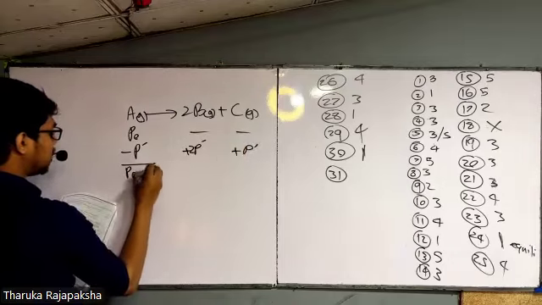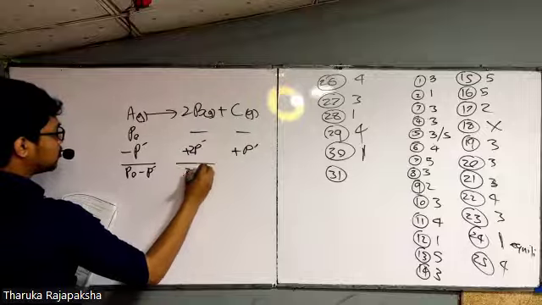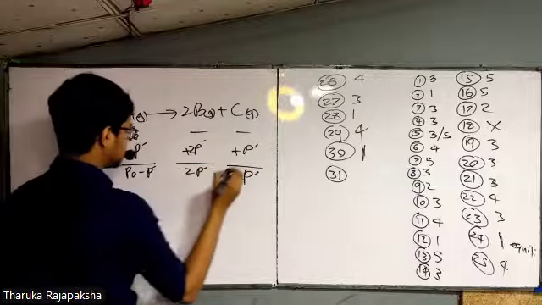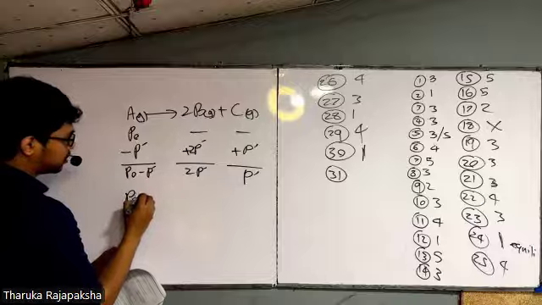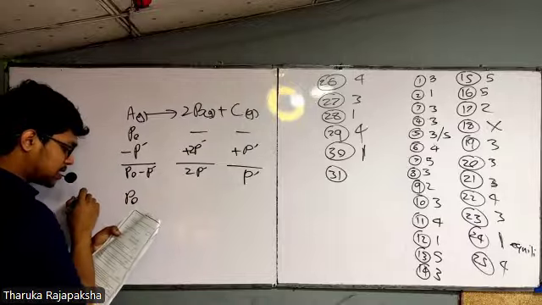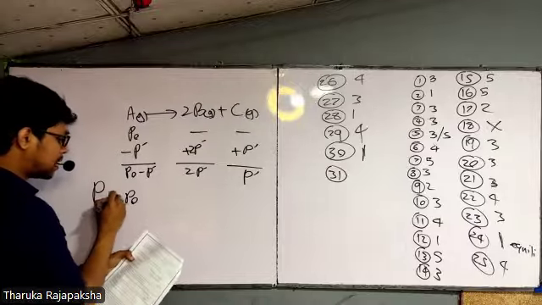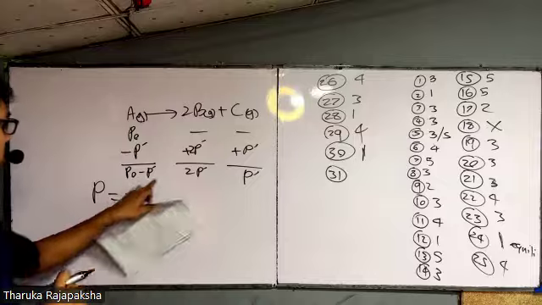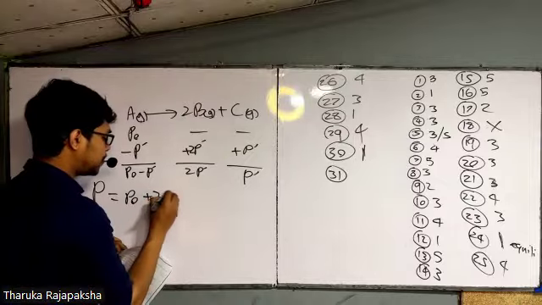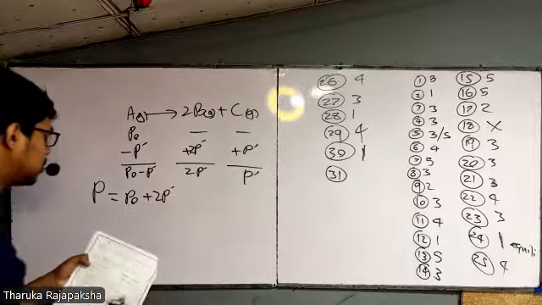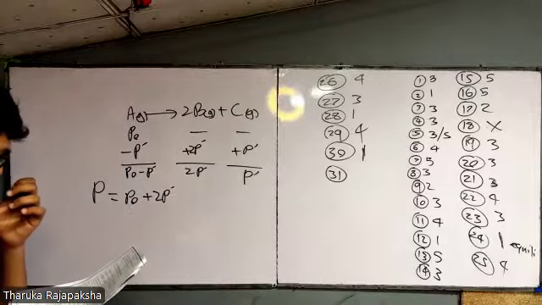Then A is P naught minus P dash, B is 2P dash, C is P dash. So altogether the total pressure is P, right? P equals P naught plus 2P dash.